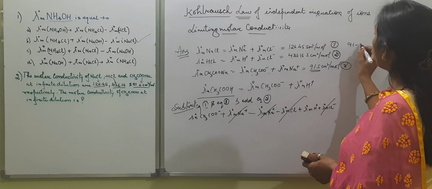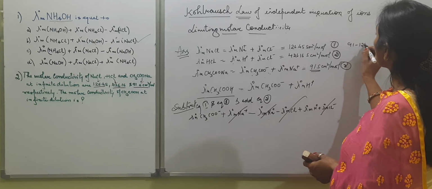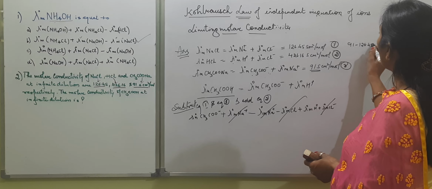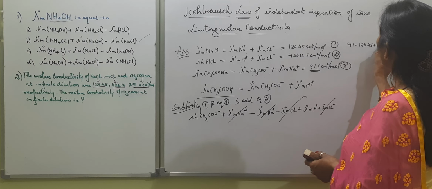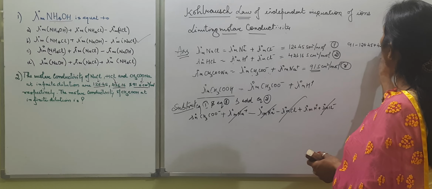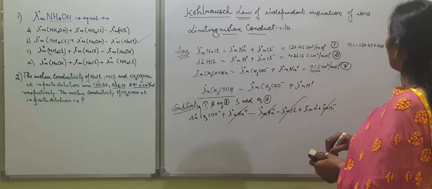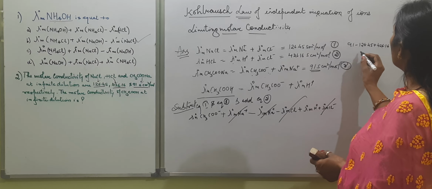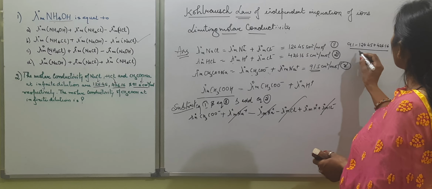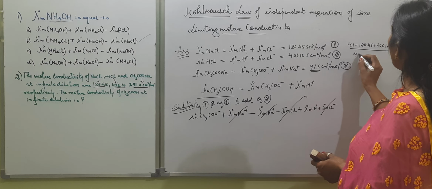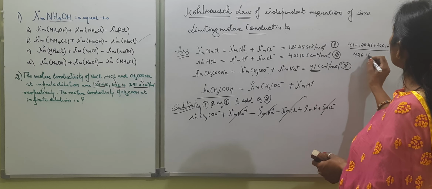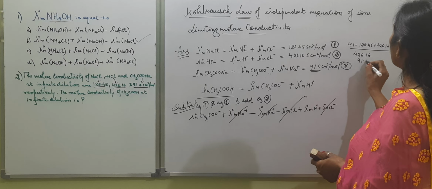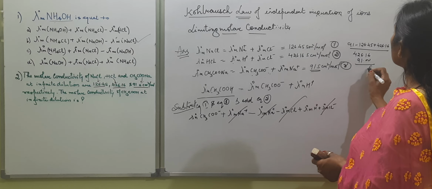So 91 minus 126.45 and then add 426.16. So we add these two and subtract this. Here we can find the molar conductivity: 426.16 add 91.00. What is the answer?